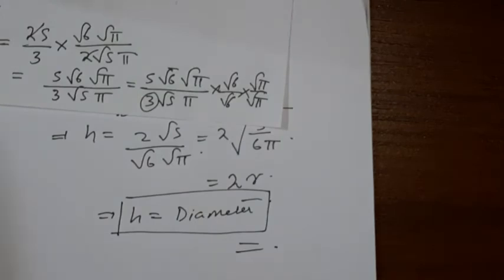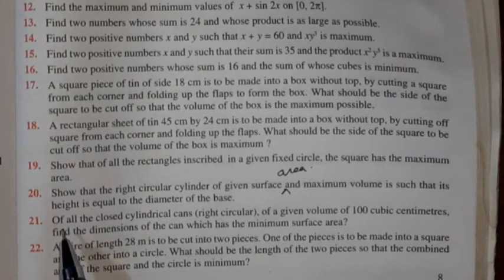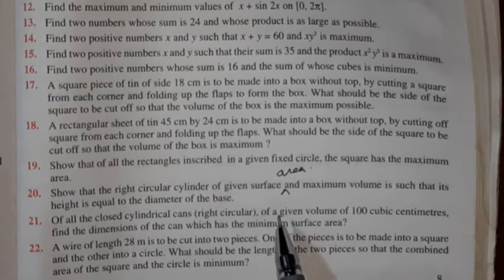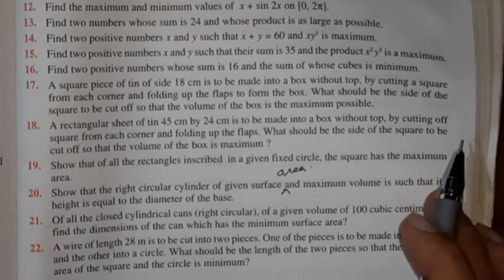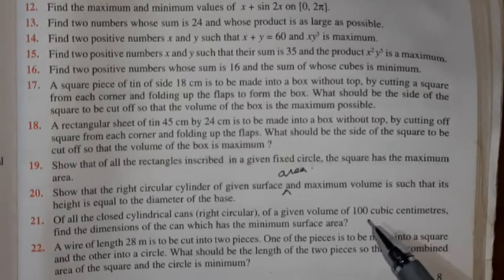Now let us look at problem 21. Okay, so problem 21 is what? Of all the closed cylindrical cans, that is again right circular, of a given volume of 100 cubic centimeters, right? Find the dimensions of the can which has the minimum surface area, right? Now in this, what are we given?